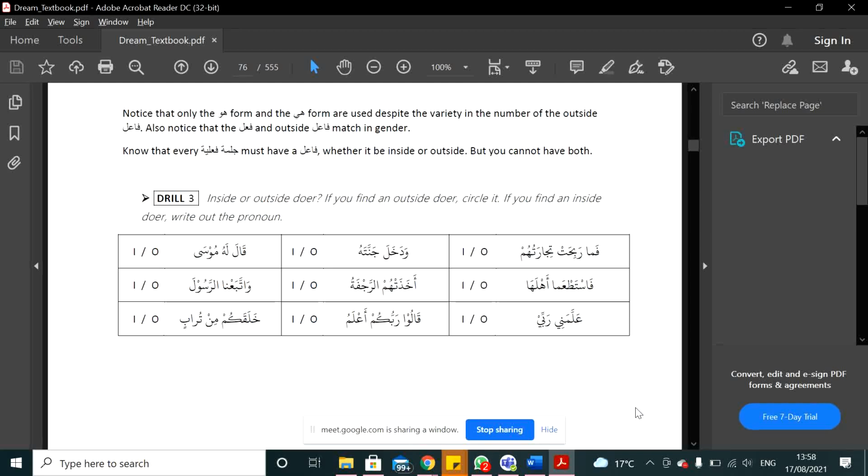So dakhala, he entered. What format is it? Huwa format. So we look for the outside doer now, right? Then jannatahu. Who is the attached pronoun here? Jannatahu.